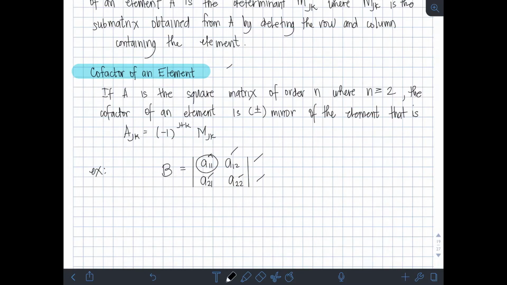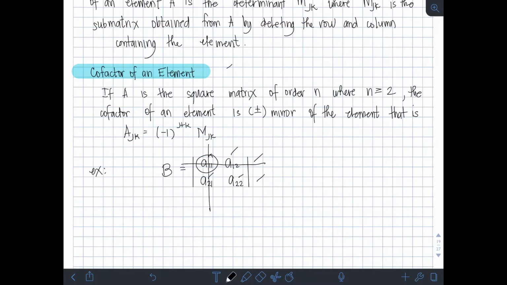So, dun sa definition ng minor, hahanapin natin yung element na natira kapag kinross out natin yung row at column kung saan nandoon yung ating kinoconsider na element a sub 1,1. So, yung a sub 1,1 is under column 1, right? So, kapag minark natin yung column ni a sub 1,1, tapos yung a sub 1,1 din is under row 1. So, kapag minark natin or nilinyahan natin yung row ni a sub 1,1, which is row 1, mapapansin nyo, meron tayong natirang element.